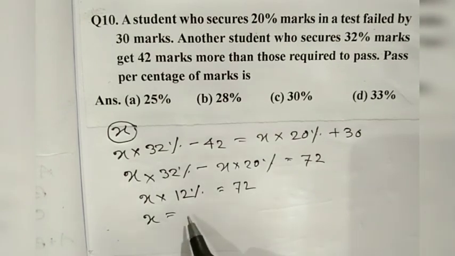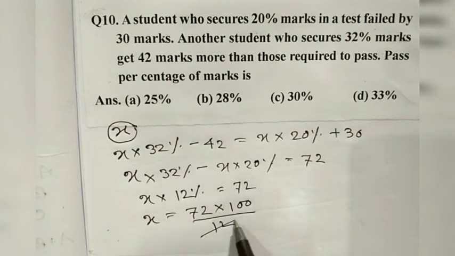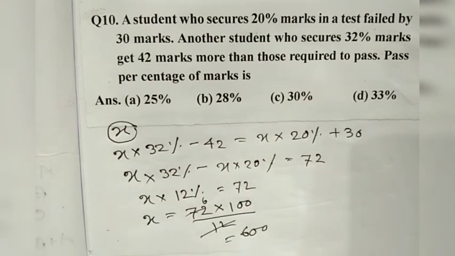Then X equals 72 into 100 by 12. 72 by 12 is 6, so 600. Okay. Then total marks is 600.